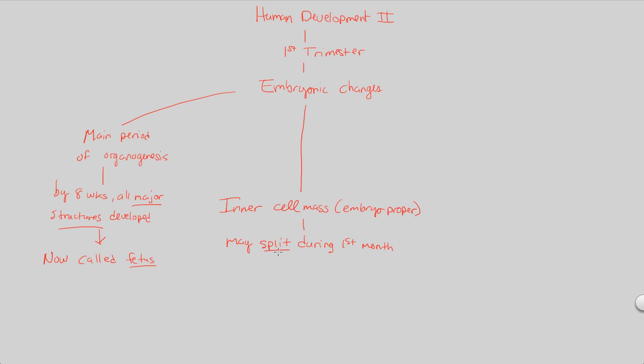And when it splits, this event causes 2 groups of developing cells. You get 2 groups of developing cells, all within the same uterine environment. These 2 independent groups are going to result in what is known as monozygotic twins, meaning they originate from one zygote.